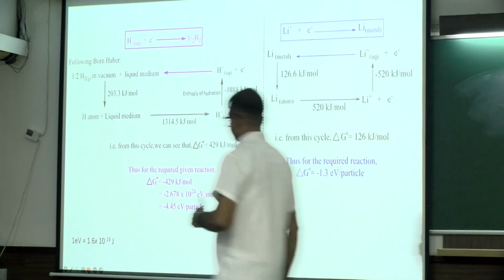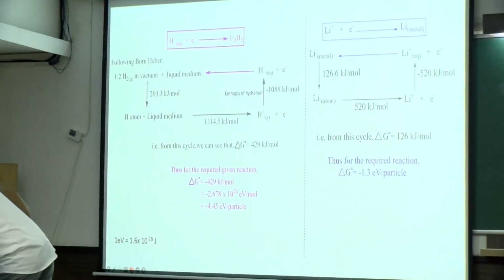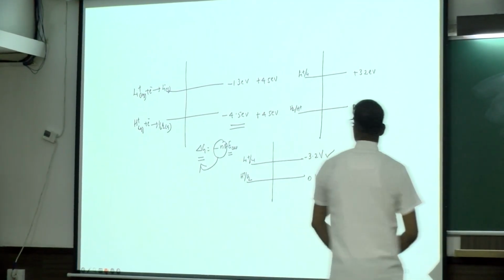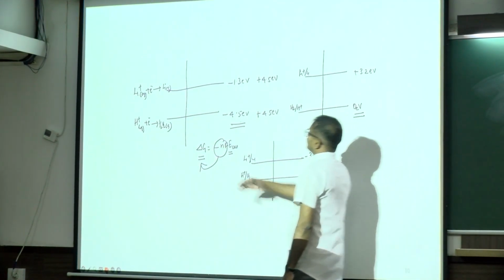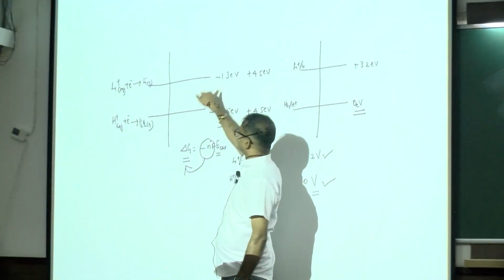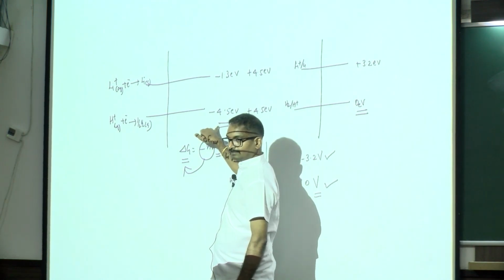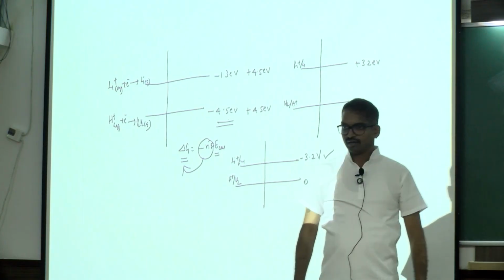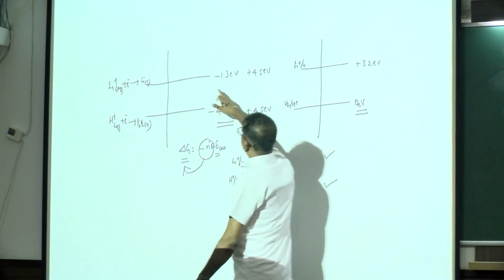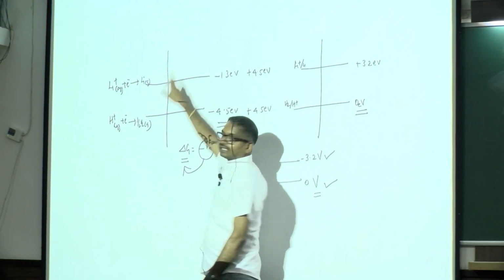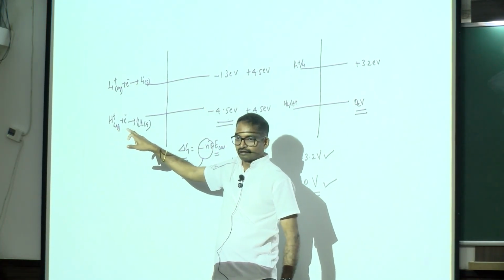Now what I have done is a number line. 0 is at the top. So minus 1.3 is here. Minus 4.5 here. 0 energy I attribute to the vacuum, for example. So the energy required to remove an electron from lithium metal and put it in the vacuum, what is that energy?